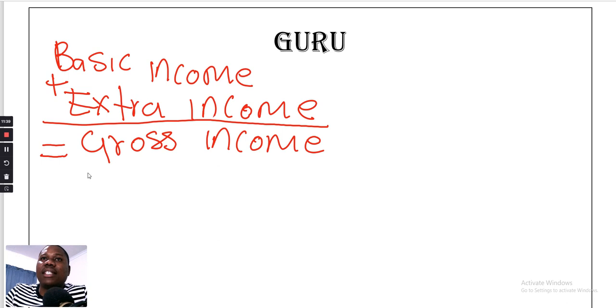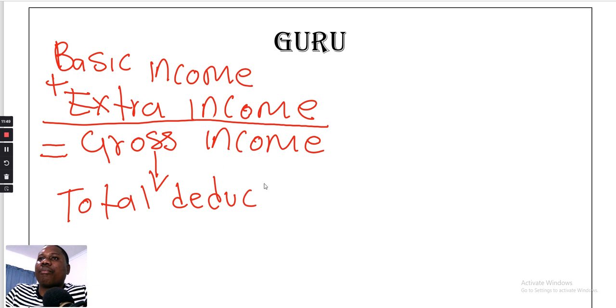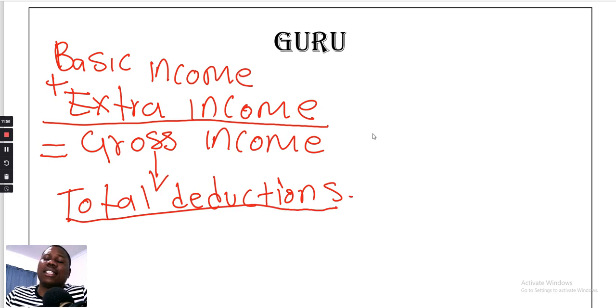So from getting a gross income, where do you go now? You go check your total deductions. Your total deductions will always differ.